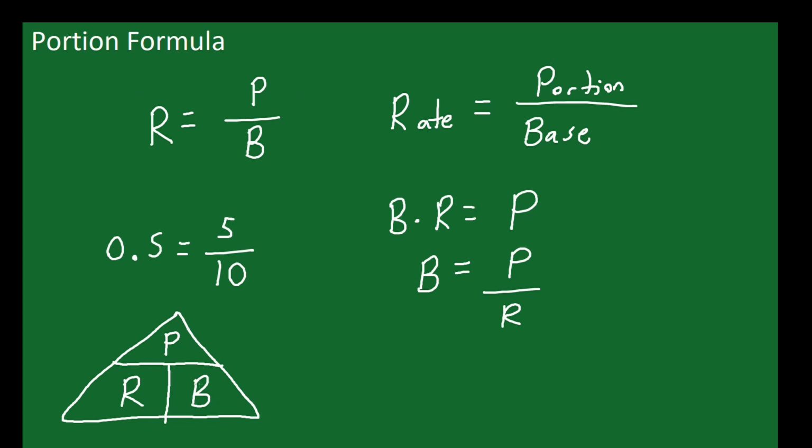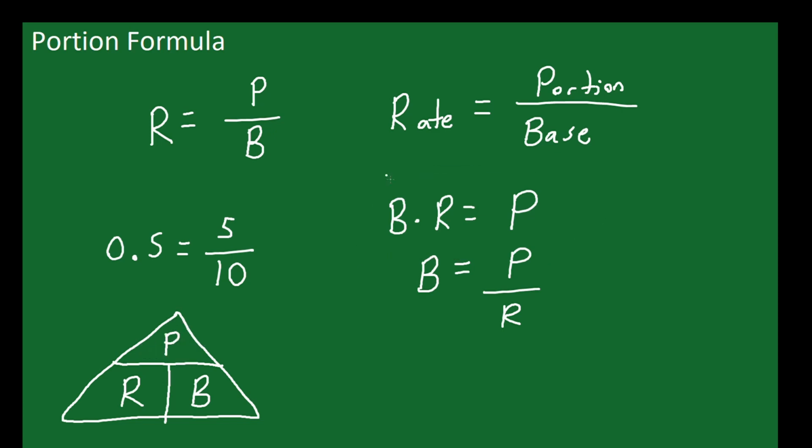If you want to solve for B, you cover up B with your hand and you're left with P over R. So B is equal to P over R. Well, that's what this equation here says. And if you want to solve for P, you cover up P with your hand and what you're left with is R and B right next to each other. That means R multiplied by B. Well, that's what this equation here tells us.